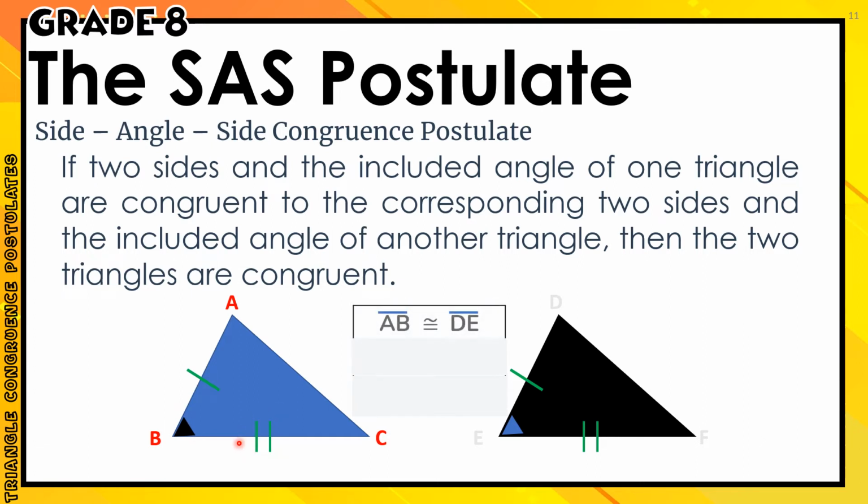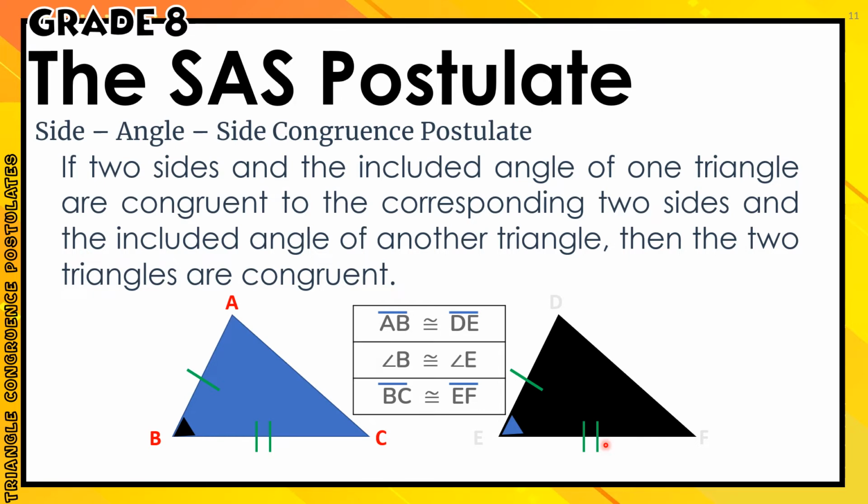So meaning to say, side AB, which is this one, is congruent to side DE. Angle B, ito, the included one, is congruent to angle E. And side BC, itong nasa ilalim, yung 2 marks, ay congruent siya dito rin sa ilalim, which is side EF.